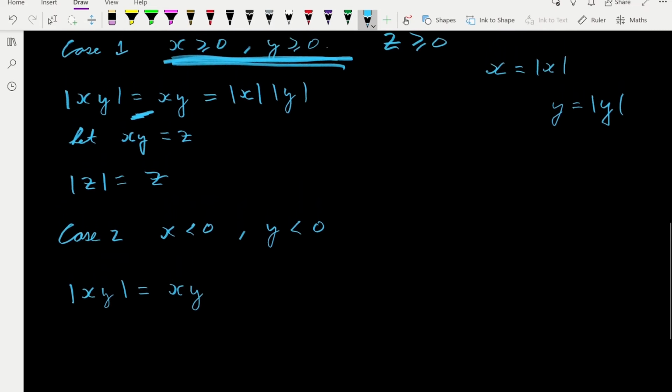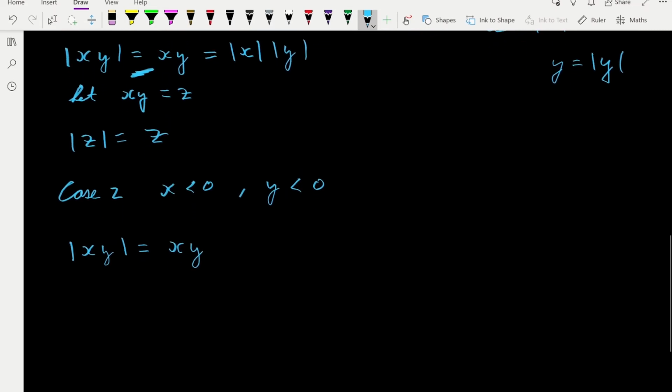But notice that if we started off on the other side of the equation, which is the property that we're trying to prove, the absolute value of x times the absolute value of y, well, since x is less than 0, the definition would tell us that the absolute value of x equals negative x. And since y is less than 0, the definition tells us that the absolute value of y is negative y.